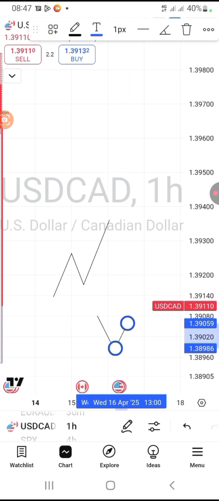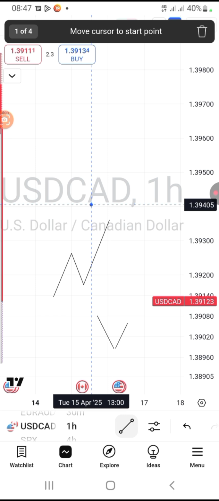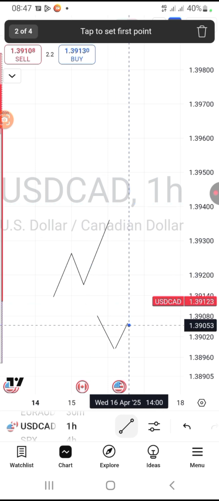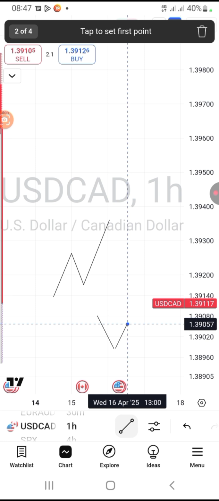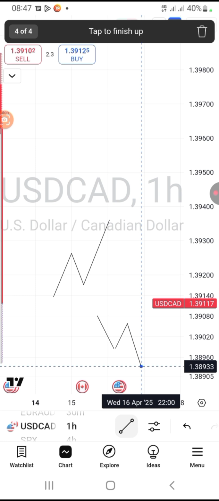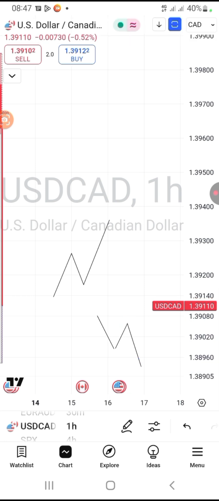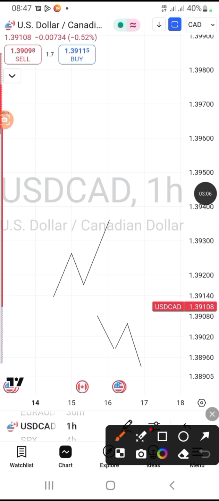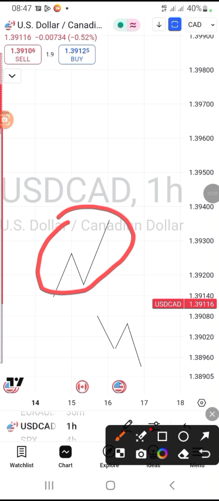And then it does something like this again. So this is referred to as a break of structure to the downside, while this is usually called a break of structure to the upside. This is a break of structure to the downside.